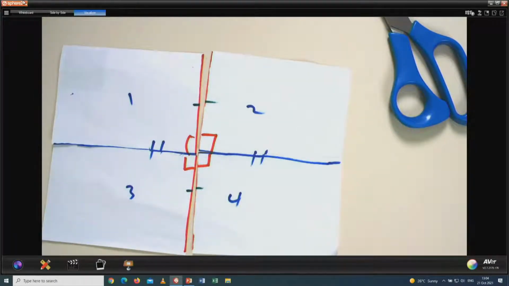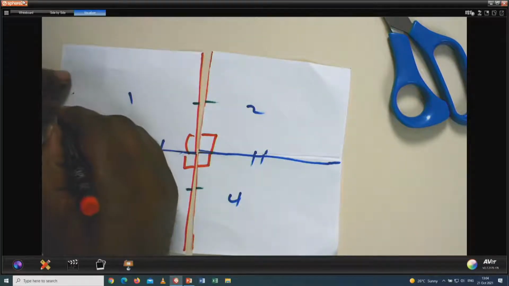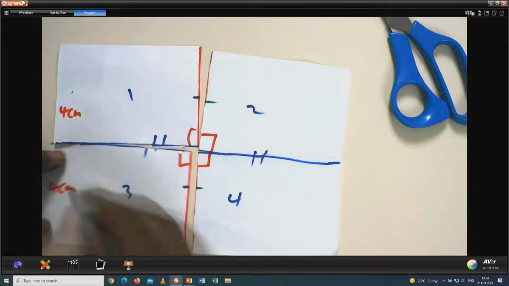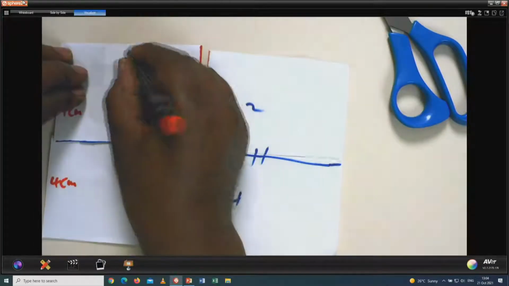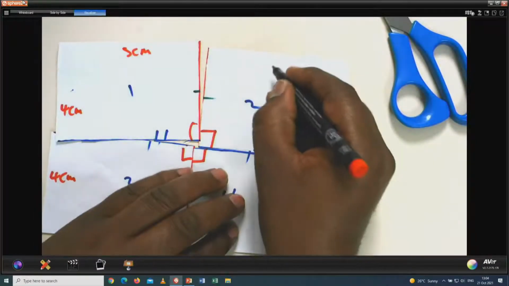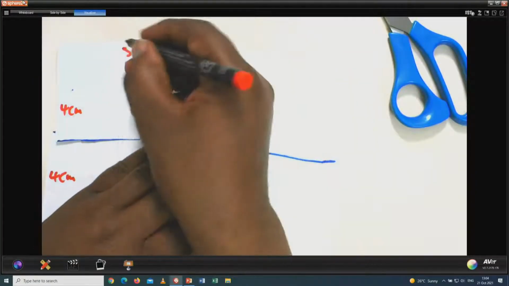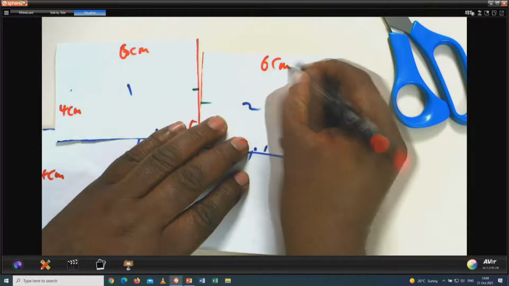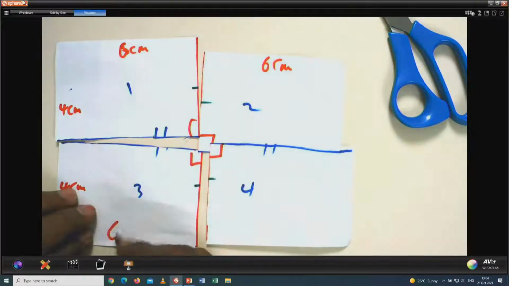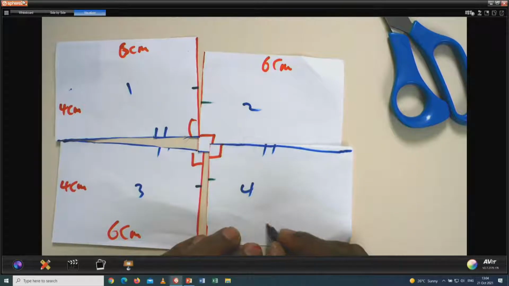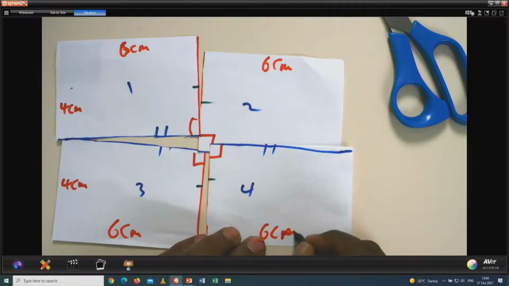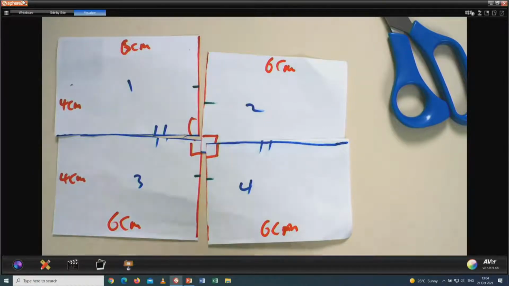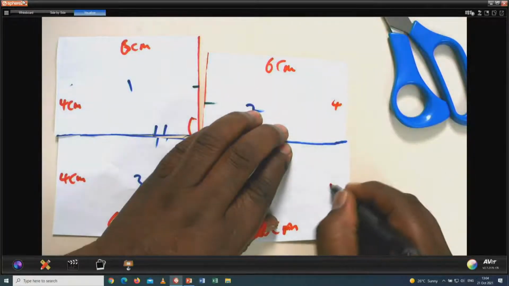Let's say this one is 4 centimeters, 4 centimeters, 5 centimeters. Okay, let's say 6 centimeters, 6 centimeters, 6 centimeters, 6 centimeters. Therefore, this would be a 4, this will be a 4.